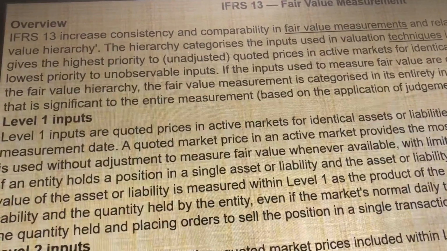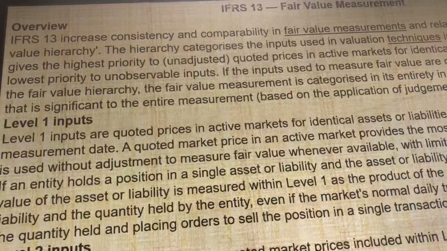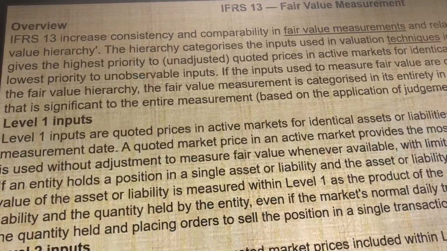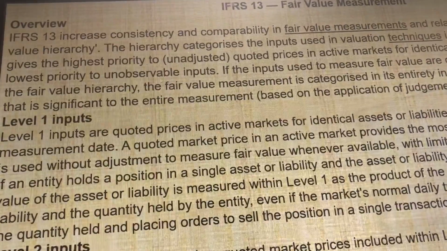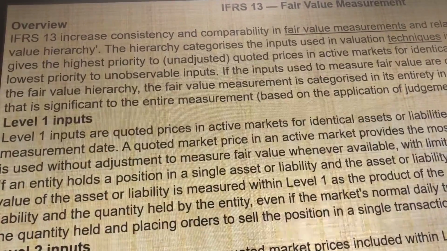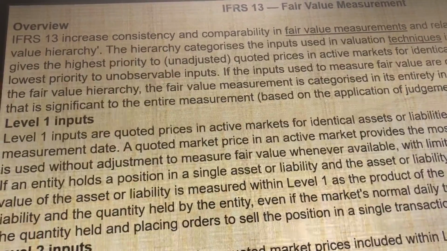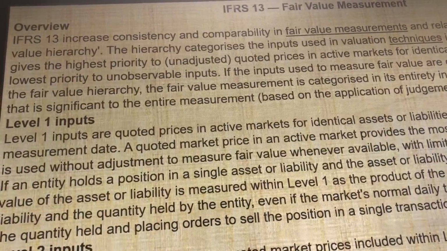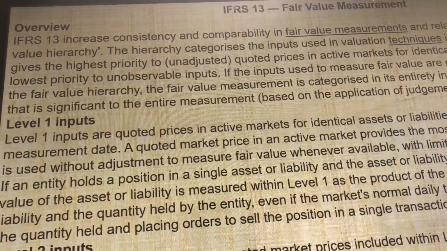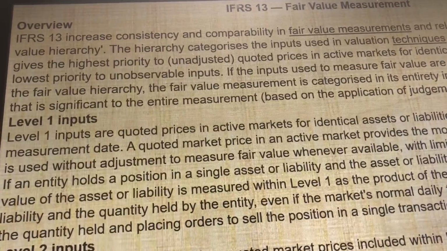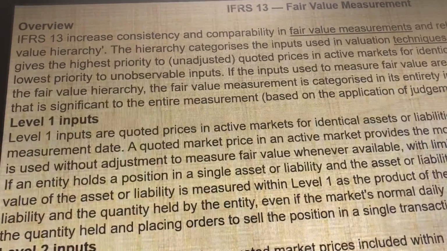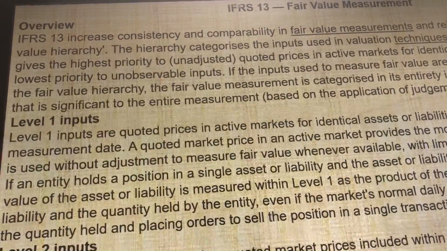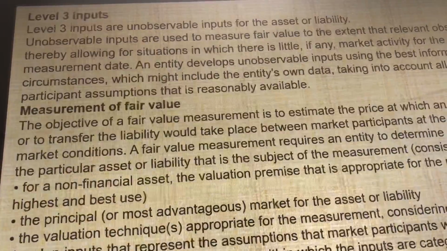Level 2. Inputs are other than quoted market prices included within level 1 that are observable for the asset or liability. So level 2 inputs include the quoted prices of similar assets, and inputs other than quoted prices that are observable for the assets and liabilities.